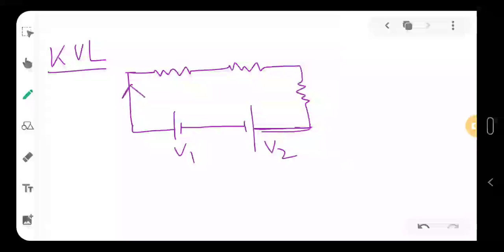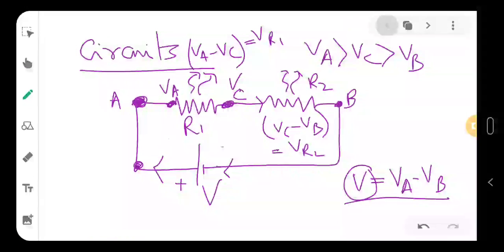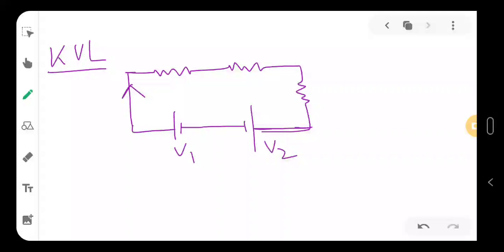We have seen in the previous one that the portion in which current is entering has higher potential energy. So here also the current is flowing like this. That means this point will be higher in potential, whereas this point will be lower in potential.